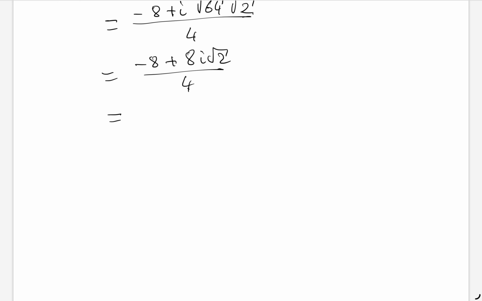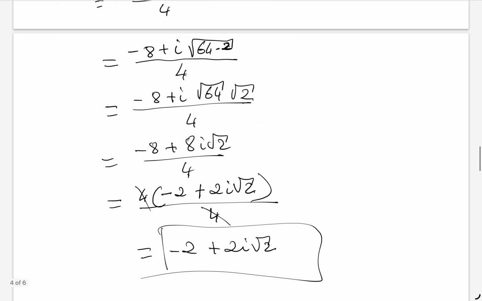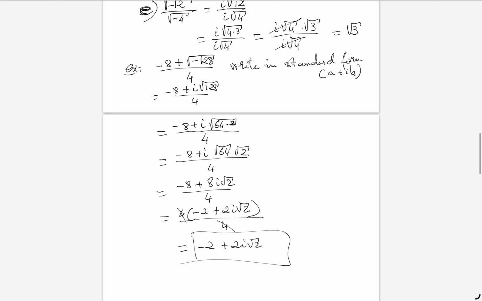So you can have 4 parentheses, negative 2 plus 2i square root of 2, divided by 4. And you can see here, cancel out the 4. And then you can have negative 2 plus 2i square root of 2. That's your final answer. Please repeat this one, okay? Train yourself.